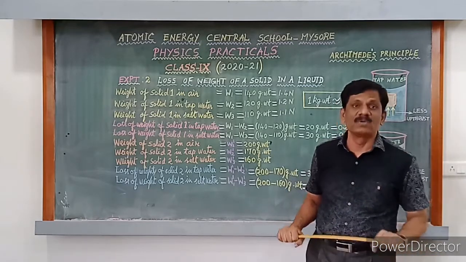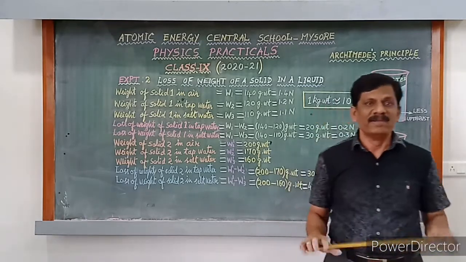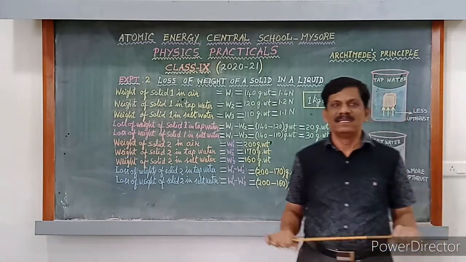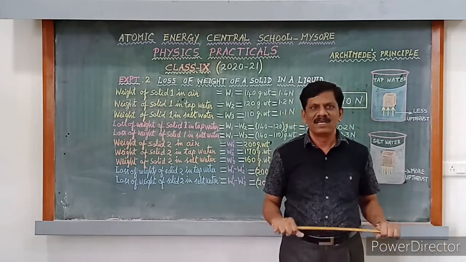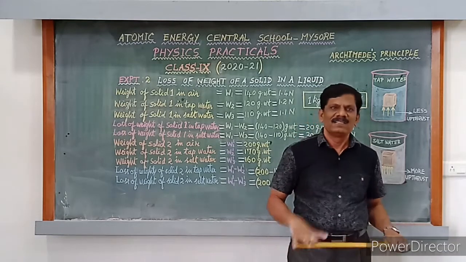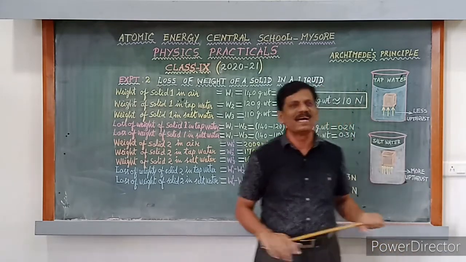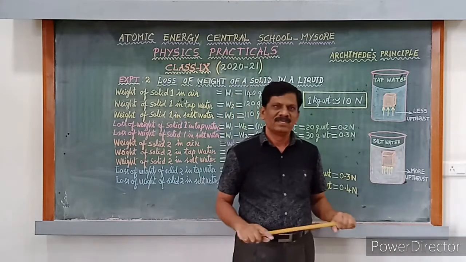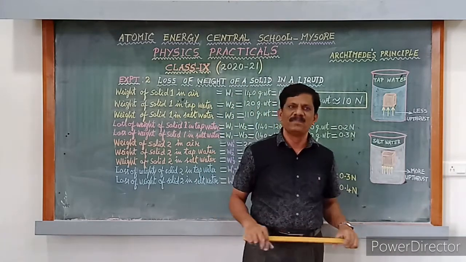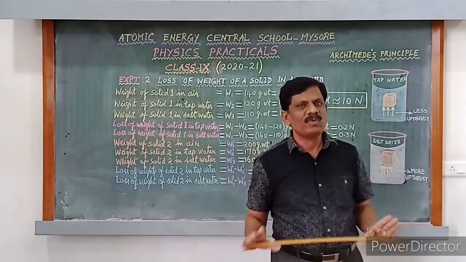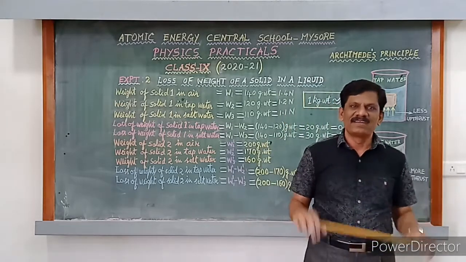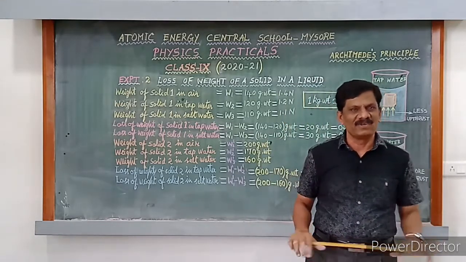Okay, my dear students, that is our experiment, namely loss of weight of a solid in different liquids. Have you all understood? And the basic underlying principle in this experiment is Archimedes principle. You know that Archimedes proved that pure gold has a different density than fake gold.